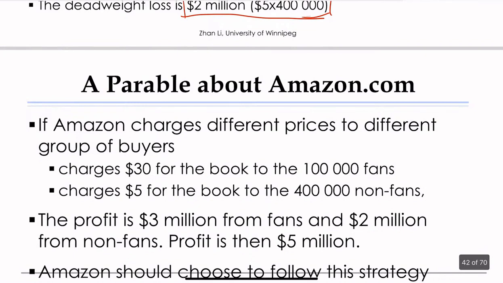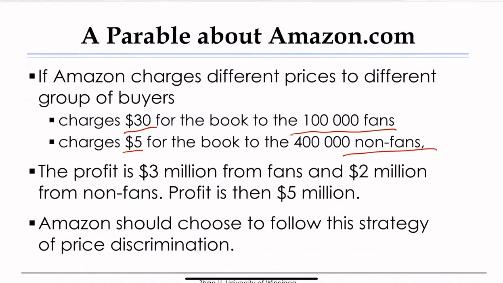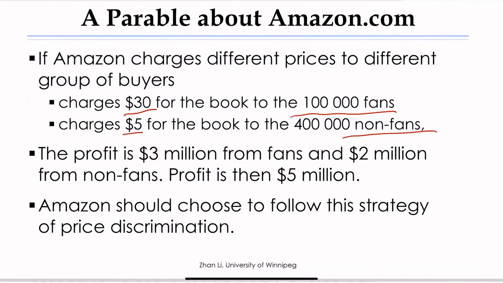Now you can see the firm's optimal pricing strategy is very simple, right? It will just charge $30 to the fans, and it will charge $5 to non-fans. In this case, Amazon will have a profit of $3 million from fans and $2 million from non-fans. And profit would be $5 million.